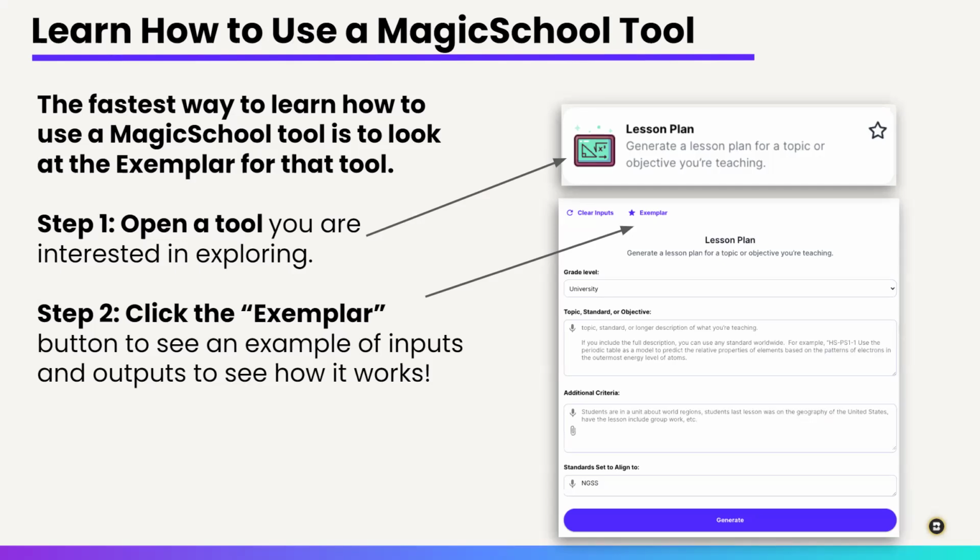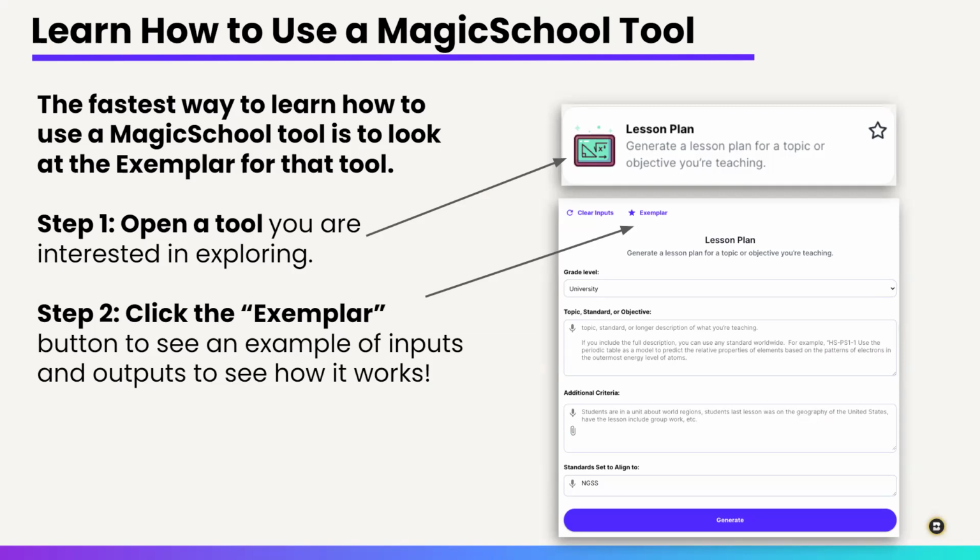Okay. So now this is going to run you through what it looks like when you open up one of the tools. When you click on one of the tiles, it'll open up this screen and it'll look something like this. So this one is the lesson plan generator. This was one of their first tools, so by default it's one of their most popular because it's been on there the longest.